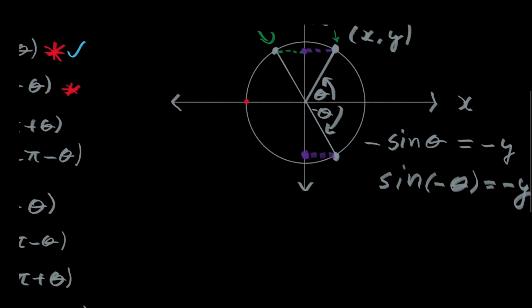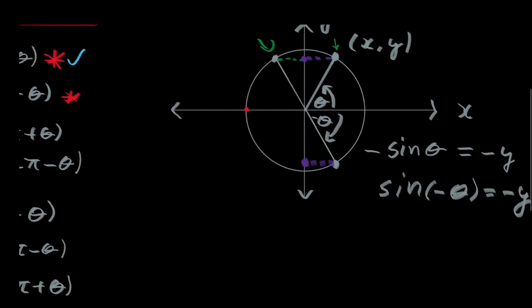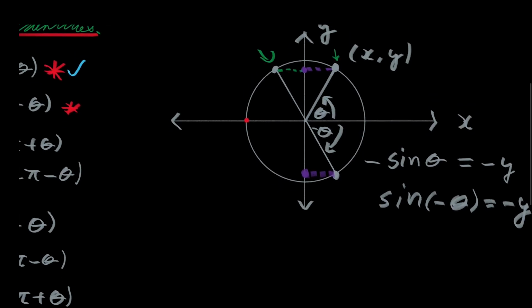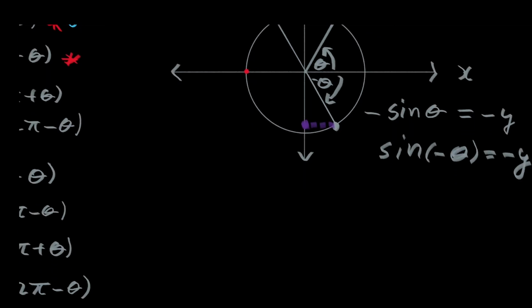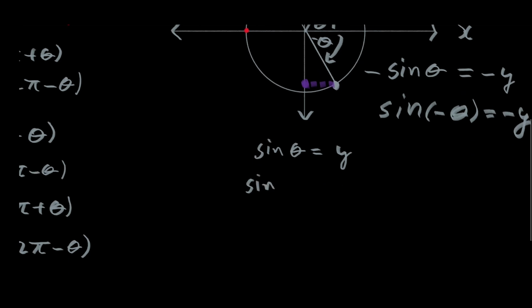So from that, we can see that since sine of theta is just equal to y, the sine of theta is equal to y, but also the sine of pi minus theta is also equal to y.